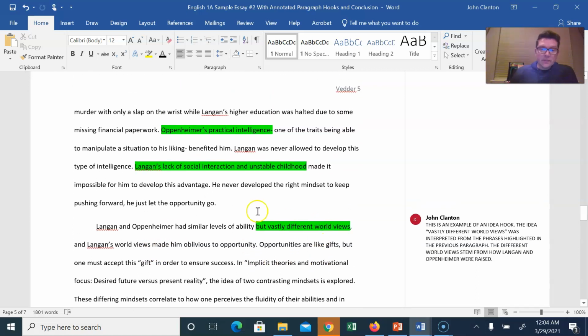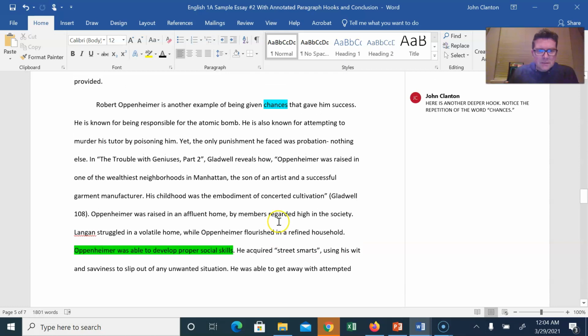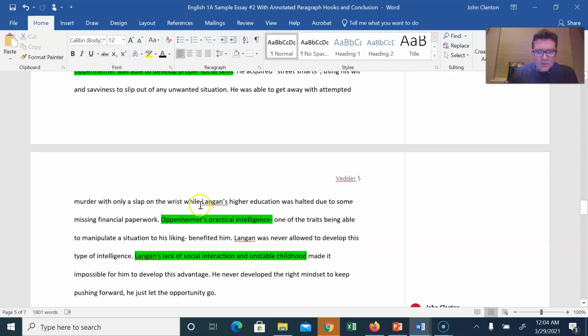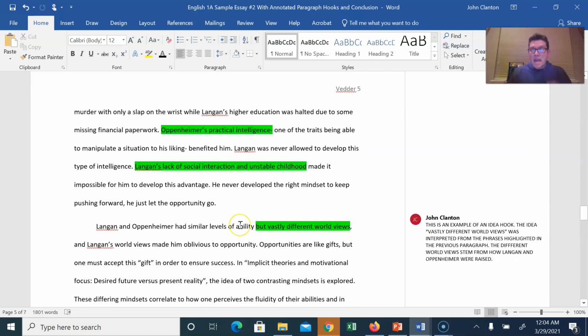So can you see the difference? I didn't take any precise words. I looked at social skills. I looked at practical intelligence. I looked at the lack of social interaction. And their environments, their parenting styles, basically gave these two men different worldviews.